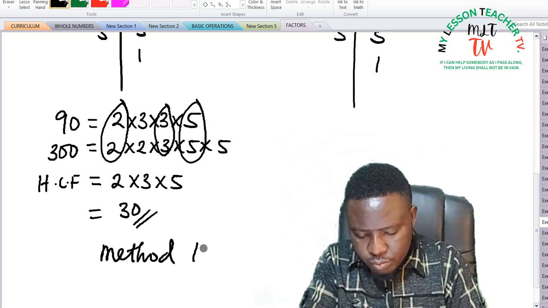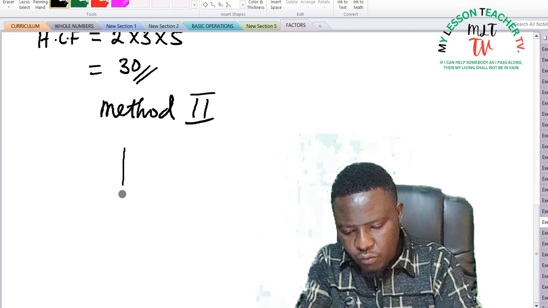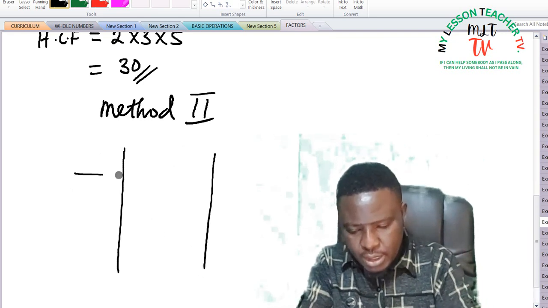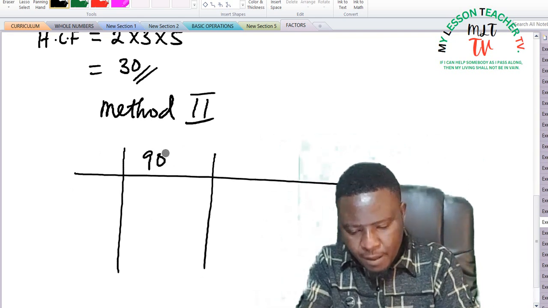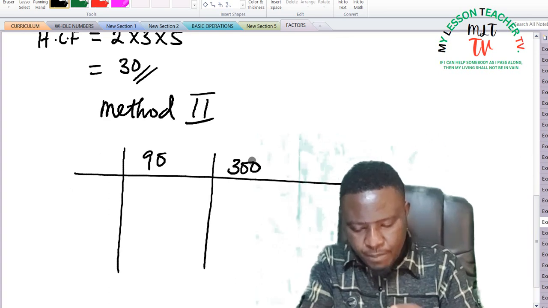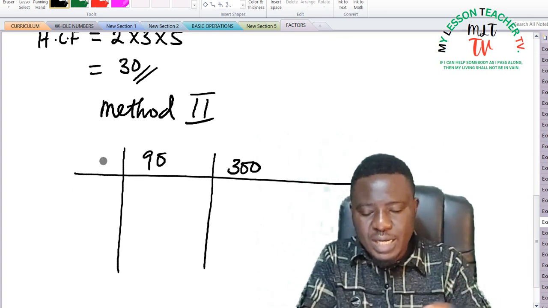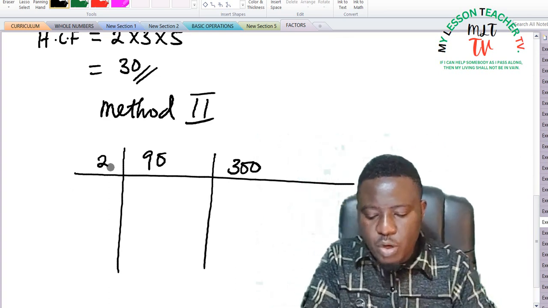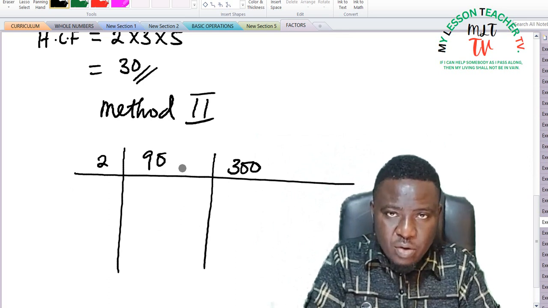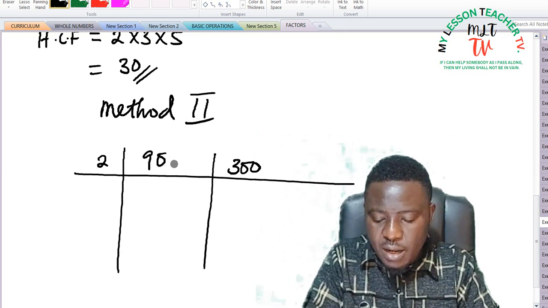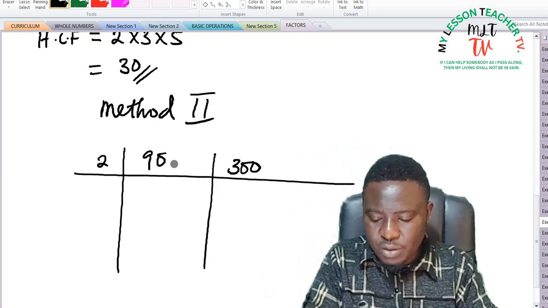In method 2, we shall look for the common factors between 90 and 300 and divide. Now we start with the least, which is 2, because 2 can divide both 90 and 300 because their last digits are divisible by 2.